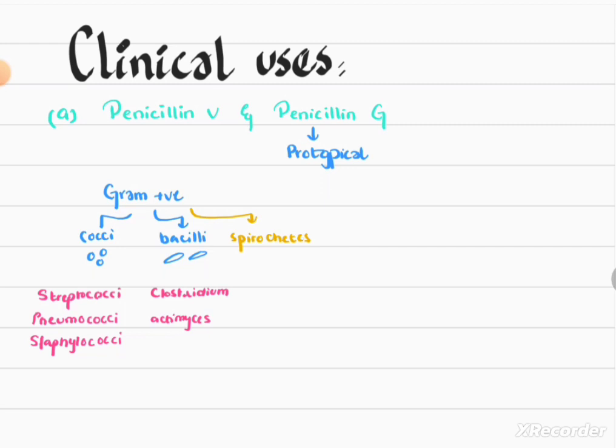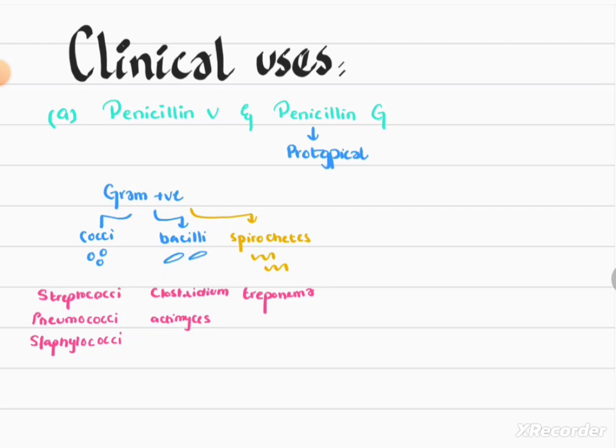So penicillin V and penicillin G also have activity against these organisms. An example of a spirochete is Treponema, which is notorious for causing syphilis in human beings.